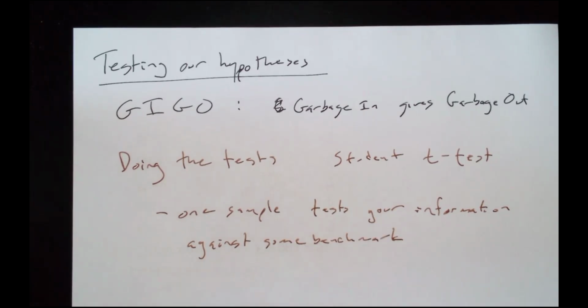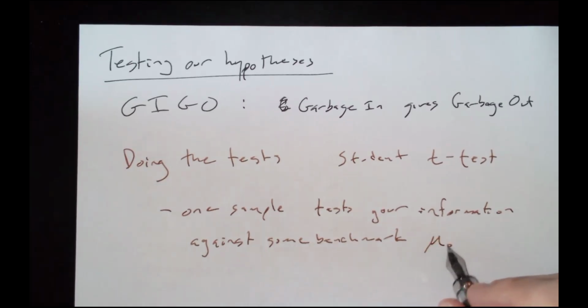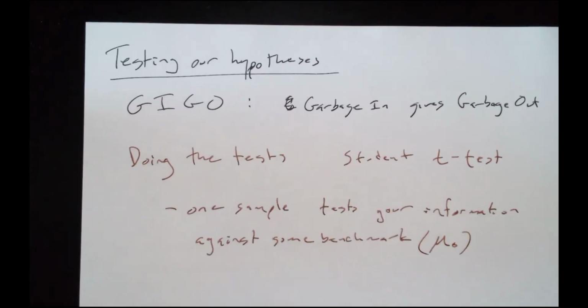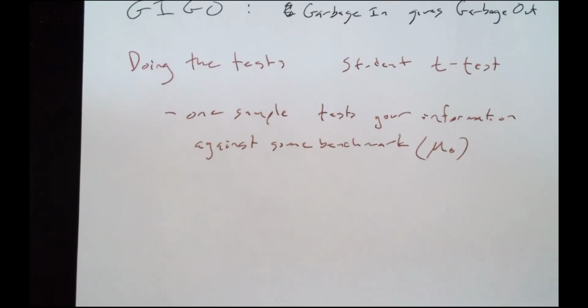I'm going to call this, for the moment, mu0. If I'm checking an average, this is a known value. If I'm checking a proportion, I'll call it pi0. If I'm checking for variation, I'll call it sigma0. But I've got some known value I'm checking against.